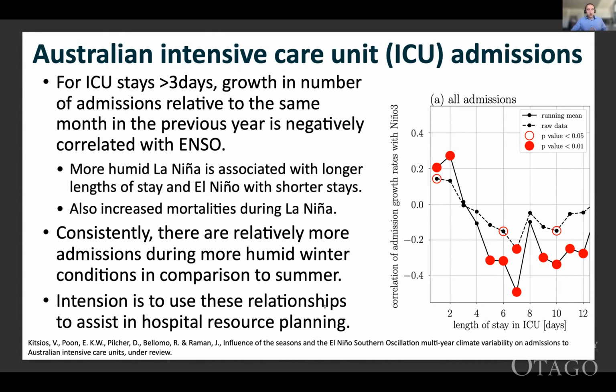And the intention is to use this relationship to assist in hospital resource planning. So if we have a forecast for the following year, if there's going to be a strong La Nina occurring, then that's some information that we can feed to the hospitals, and maybe they can better staff the ICU or prepare in some other appropriate way.